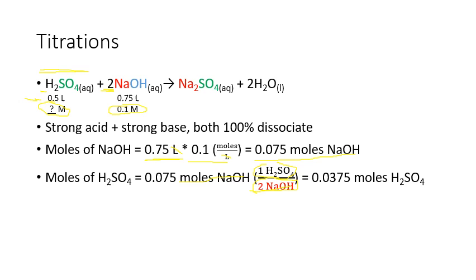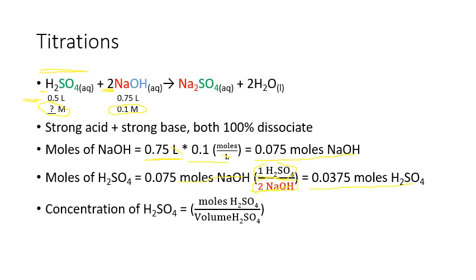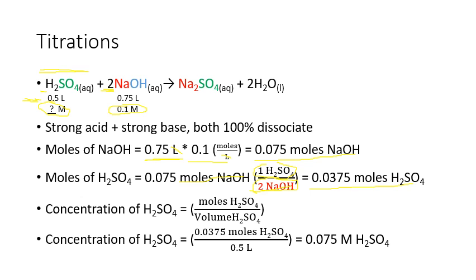So now we have our sample volume, and we know there were this many moles of H2SO4 in a certain volume, so we can figure out what the concentration was. So 0.0375 moles of H2SO4 divided by the volume of H2SO4, the 0.5 liters, which means that our concentration for this particular sample was 0.075 molar H2SO4.